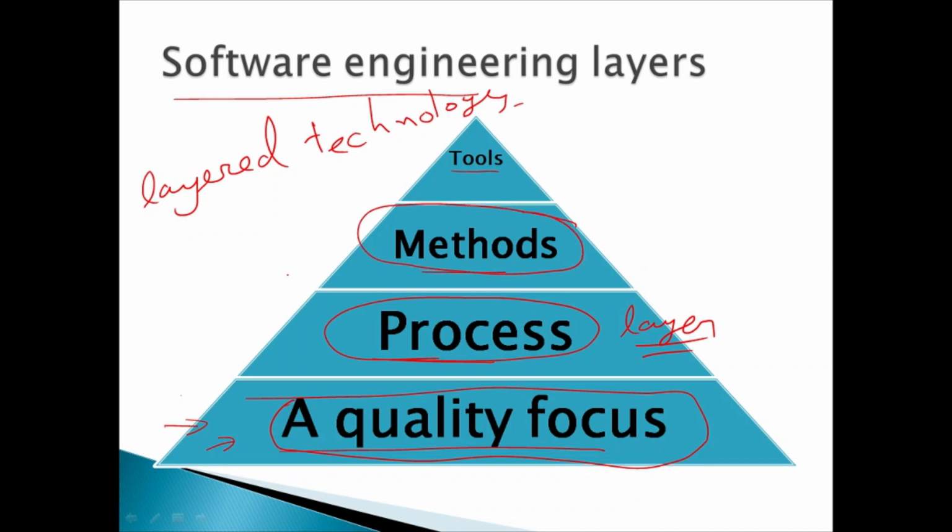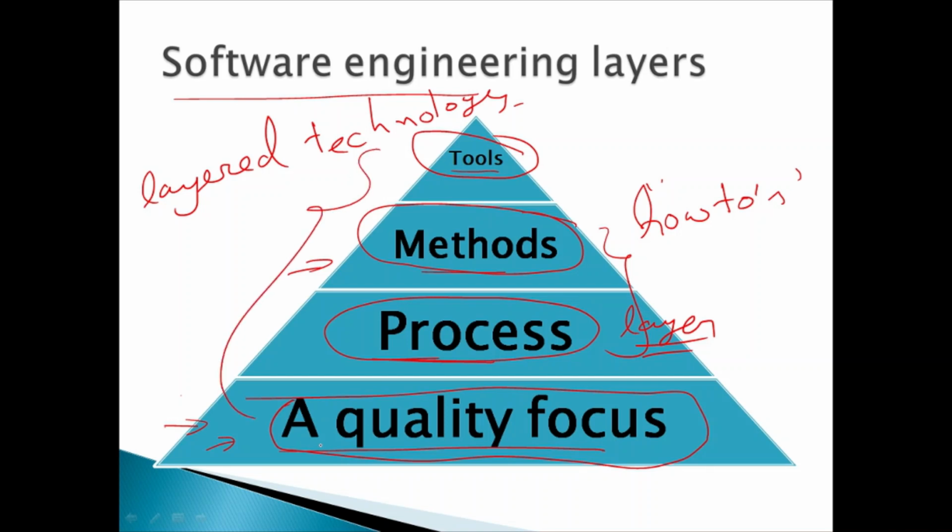So these methods provide the technical how-tos for building software. And the last layer, that is the tools. Tools provide automated or semi-automated support for the processes and the methods. So these are the layers starting from the quality focus, process, methods, and tools.